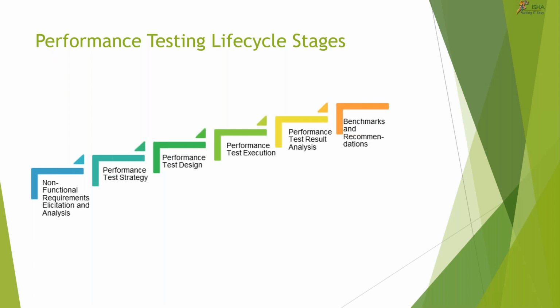And test design is where we are going to develop and enhance our scripts. Test execution is where we will set up the scenario and then go ahead with the execution. Test result analysis is where we will try to identify what the execution says, right?